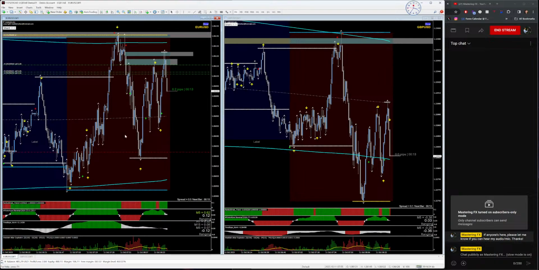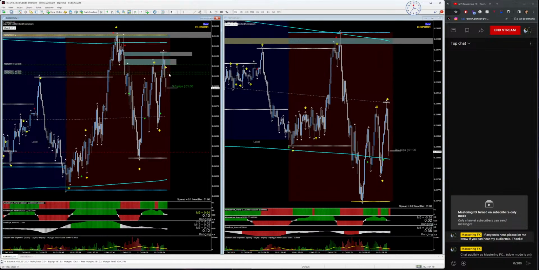So what I'm gonna do, because I'm fairly confident that we're going down with the Euro USD here, if we do hit 1 to 3 here, I'm actually not gonna set my stop loss to break even, though I just said that, I know. But it looks like we're creating another fair value gap here, and this is very close, so I'm just gonna set my stop loss from up here above this high, just down here.